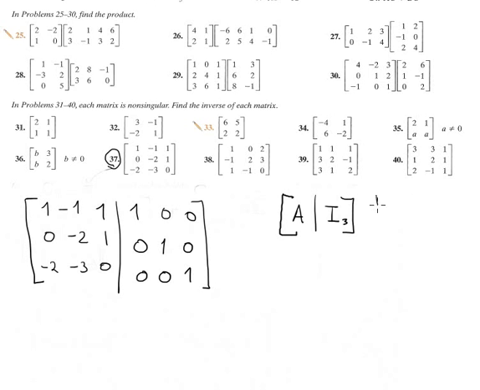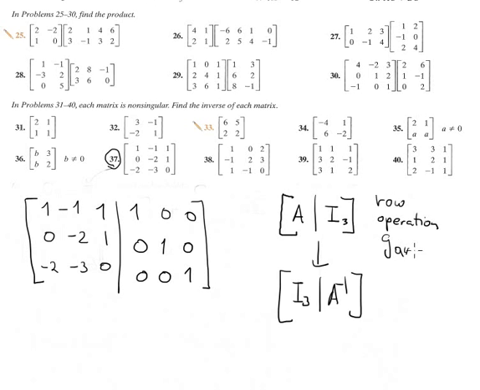And you perform row operations until you transform this in order to get the identity matrix on this side, and you have the inverse matrix on the other side. Okay, this is the Gauss-Jordan method.